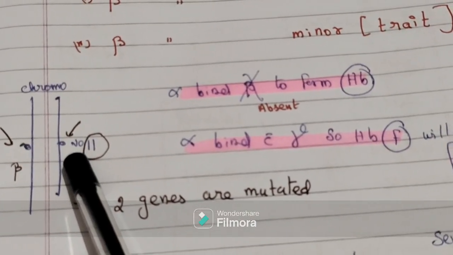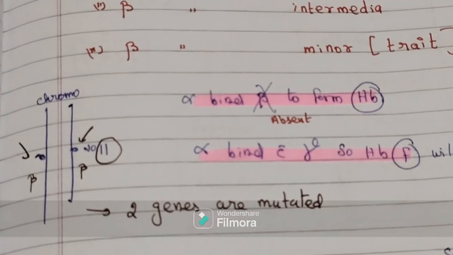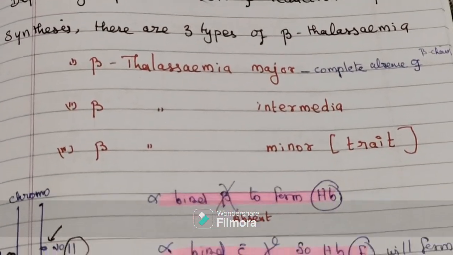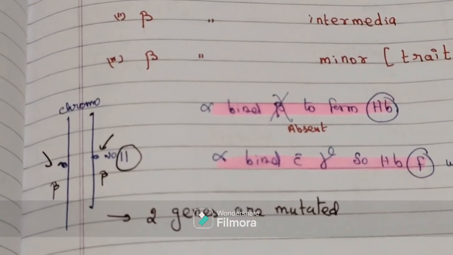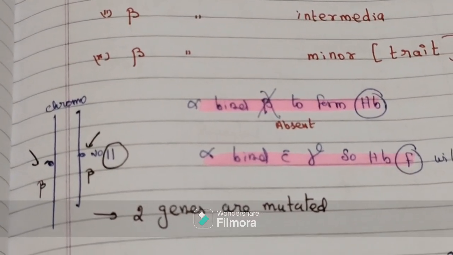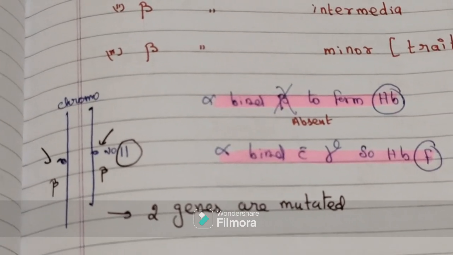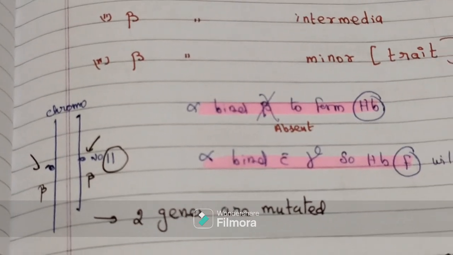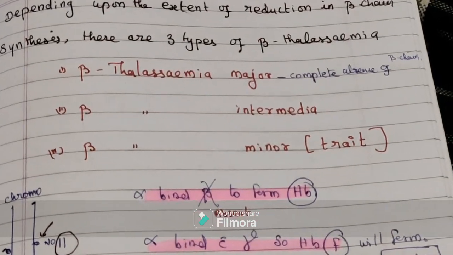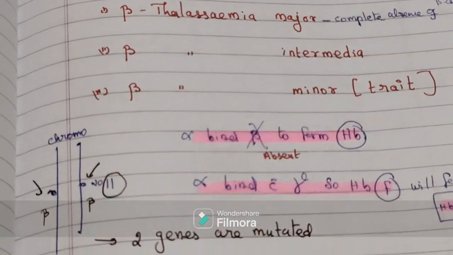There can be a splicing mutation, there can be a termination mutation, there can be a promoter mutation, any of them or all of them are point mutations. Most common is splicing.